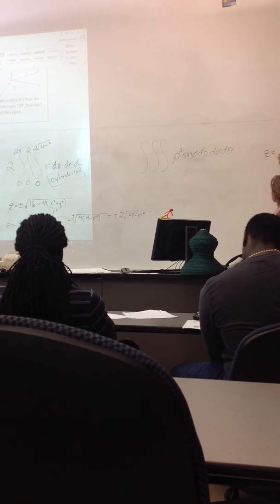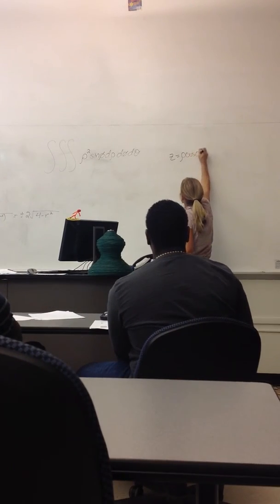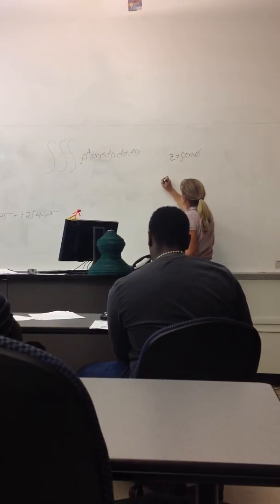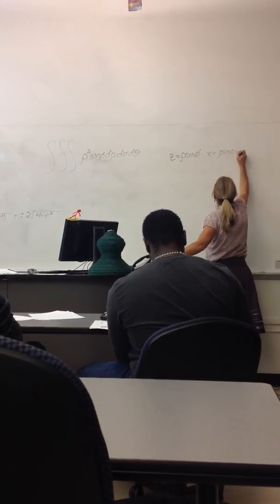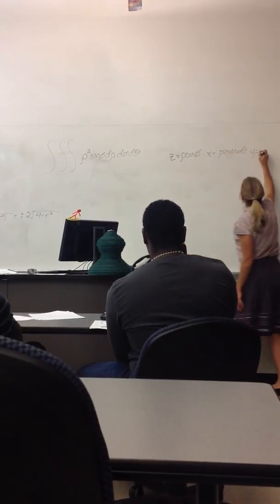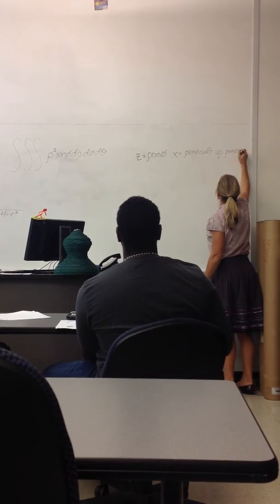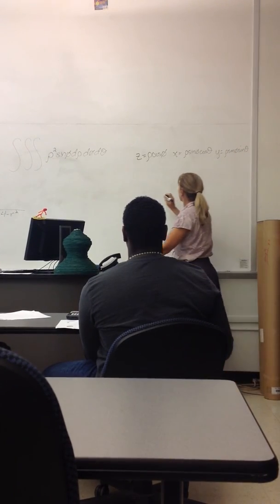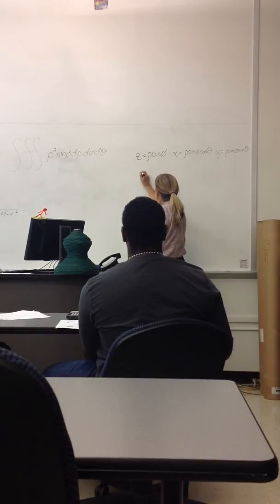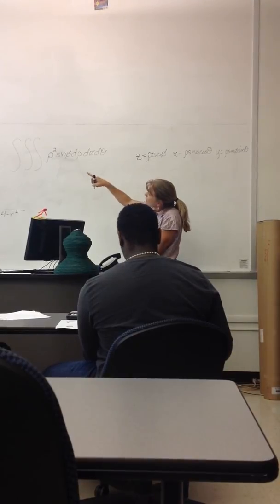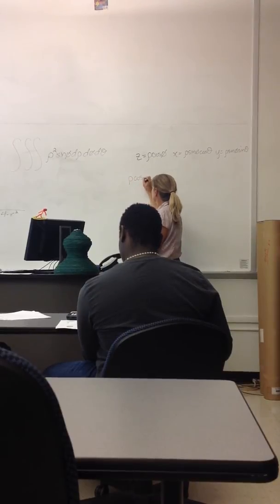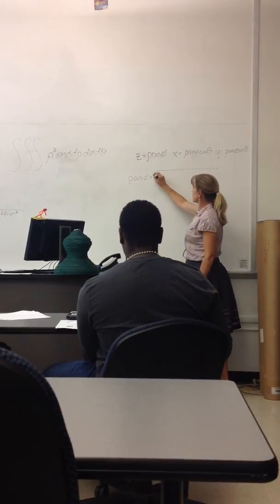Okay, z is equal to rho cosine phi, and x is equal to rho sine phi cosine theta. y is equal to rho sine phi sine theta. And so my formula, I have z, so I have rho cosine phi is equal to the square root, well, plus and minus.